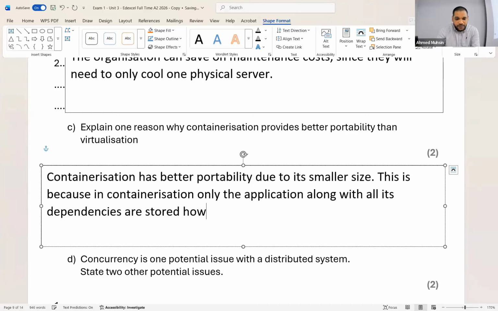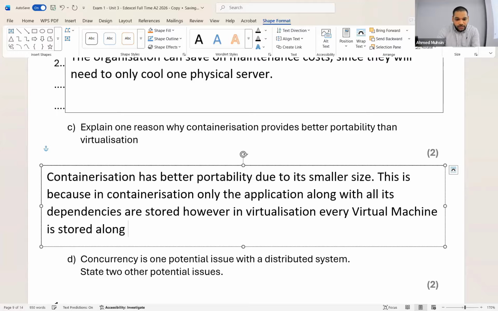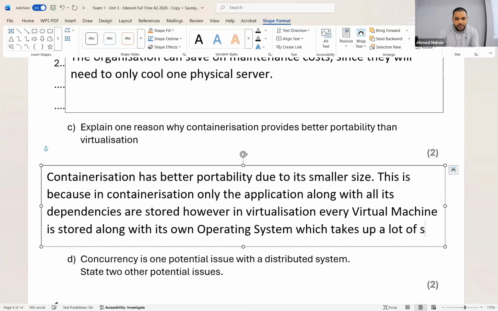However, in virtualization, every virtual machine is stored along with its own operating system. If you want, you can just emphasize which takes up a lot of storage space.